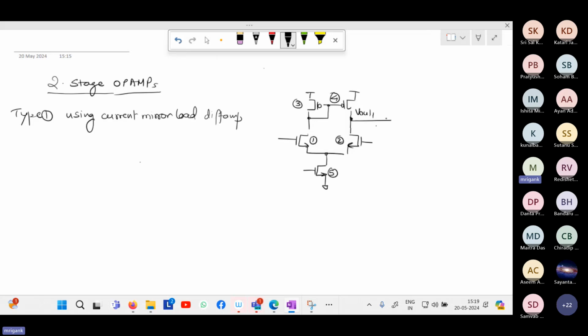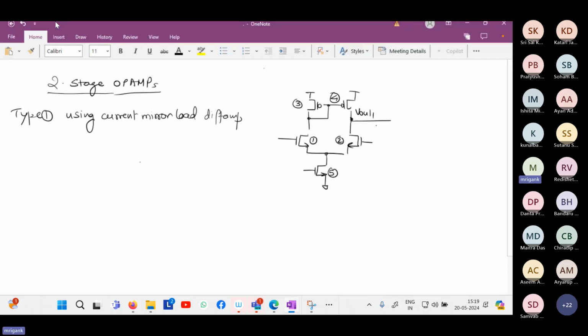So I can have a common source amplifier with NMOS input device, and I can have a common source amplifier with PMOS input device. What should I put? PMOS, why?